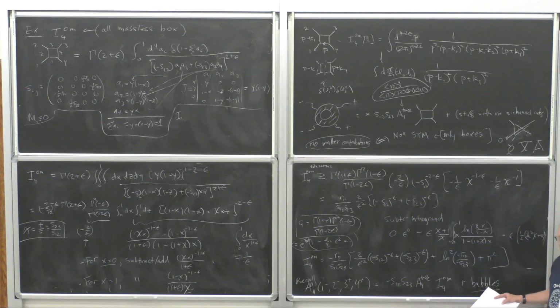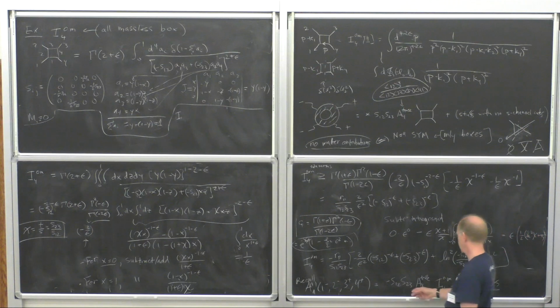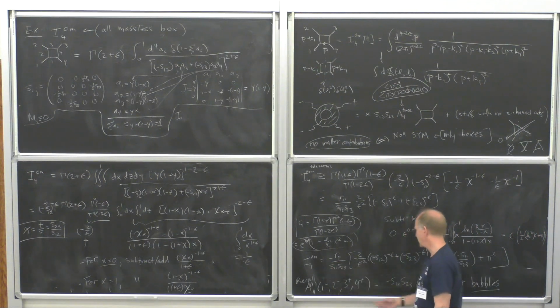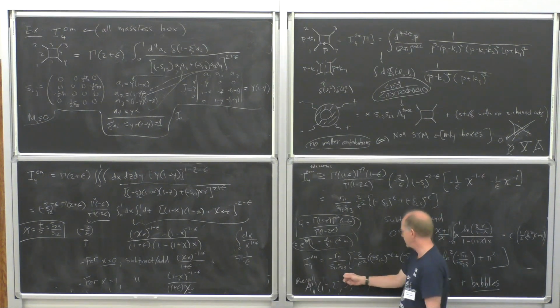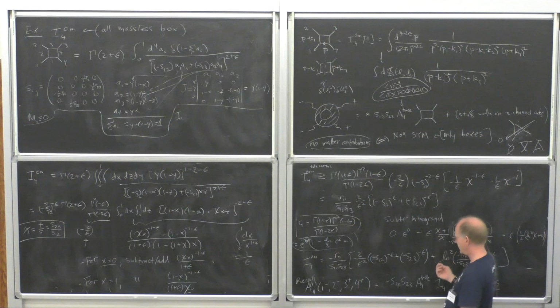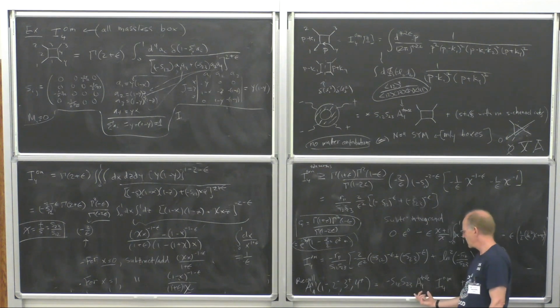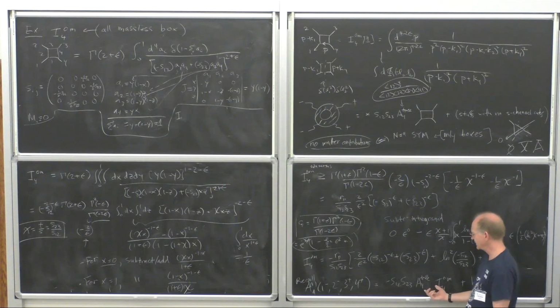So we talked about the bubbles earlier, that they have only 1 over epsilon poles. But this box integral, the S12, S23, which is its coefficient here, cancels. And we get a statement that the infrared divergences are proportional to the tree amplitude, which is a standard thing.